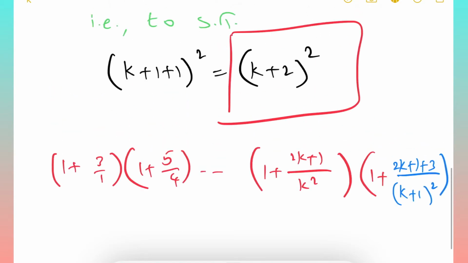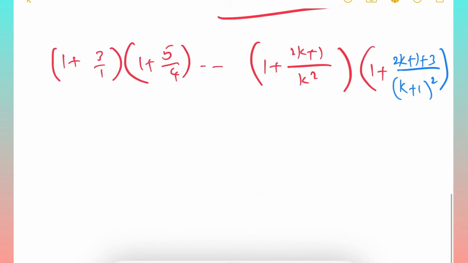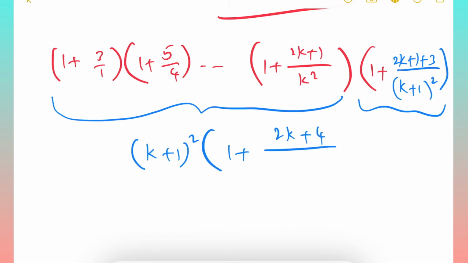Observe the second step. Here the second step we have 1 plus 3 by 1 into 1 plus 5 by 4 and so on into 1 plus 2k plus 1 by, sorry, k square is nothing but k plus 1 whole square. So this value is k plus 1 whole square into this one I am writing as it is, that is 1 plus 2k plus 4 divided by k plus 1 whole square.